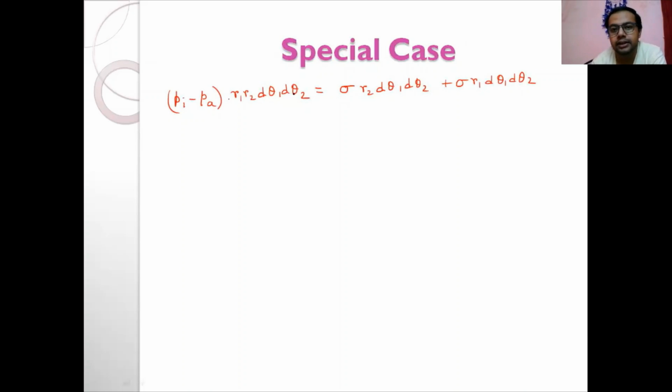Here d theta 1 d theta 2 cancels from both sides, and the pressure difference PI minus PA will be sigma into (1 by R1 plus 1 by R2).